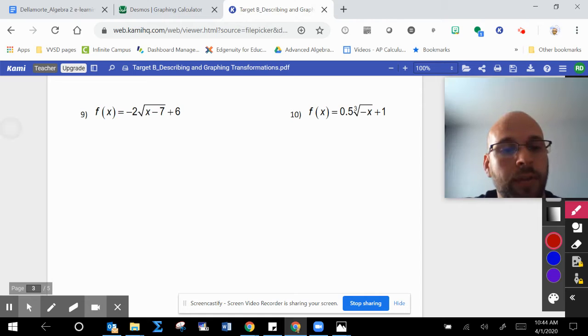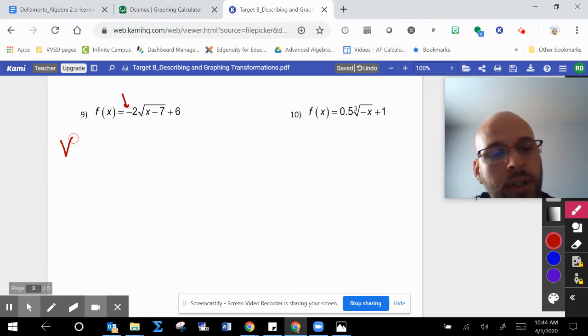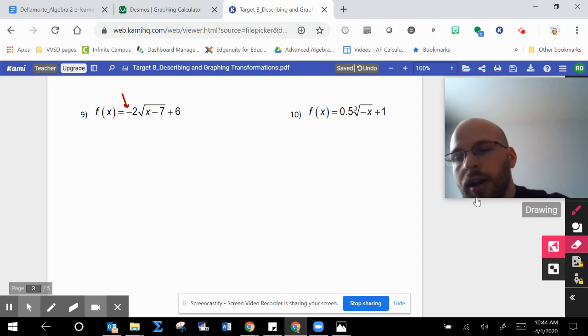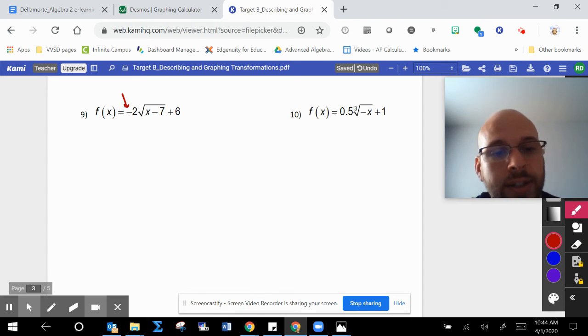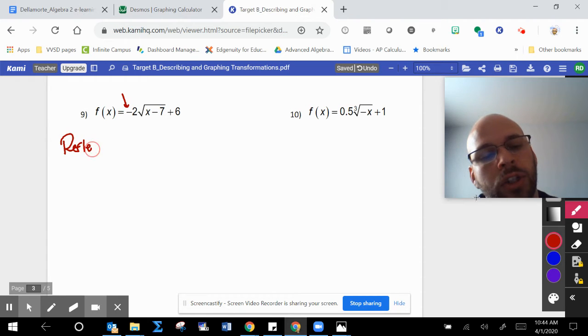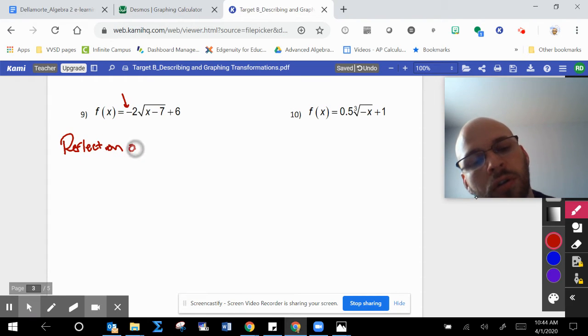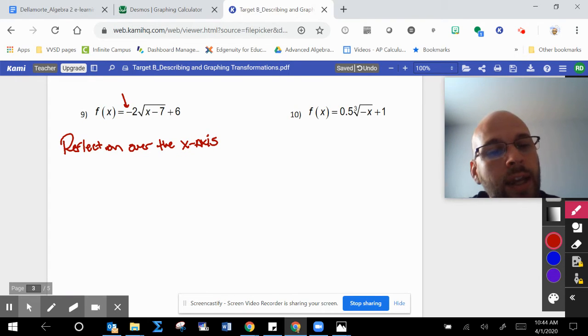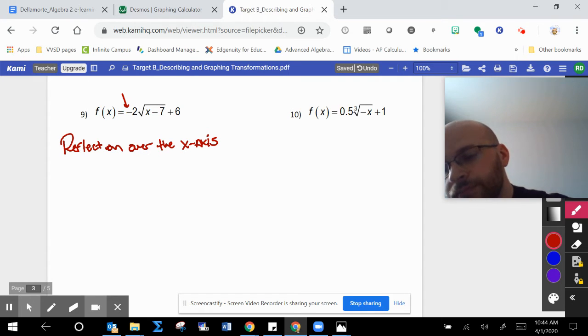So the first thing I have is this negative on the outside, which is going to be a reflection. And because I know it's a vertical reflection, I'm going to call that a reflection over the x-axis. All right. Then I have the 2, right? So I'm going to change colors here.